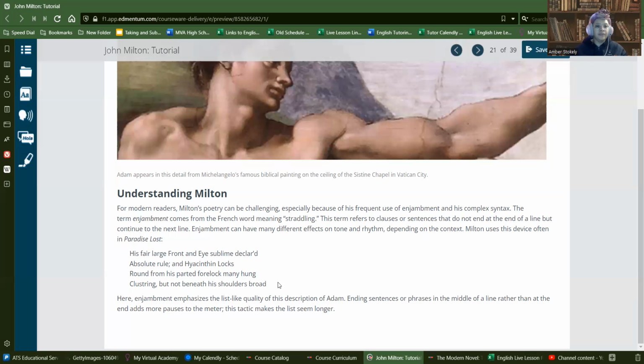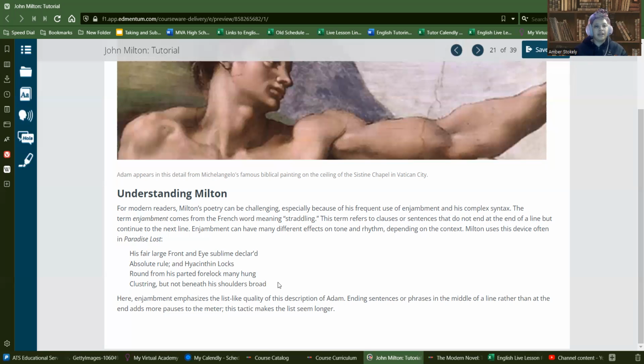So listing front and eye sublime declared, we've got hyacinth locks. Hyacinthine is like a type of flower. Round from his parted forelock, many hung. So we've got hair being described and aspects of his hair, how it's hanging, where it's hanging.